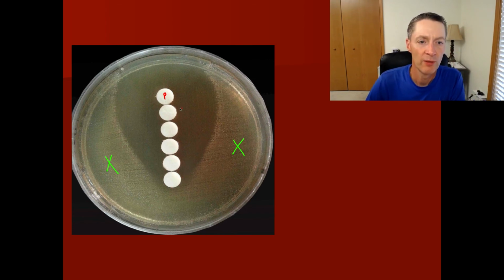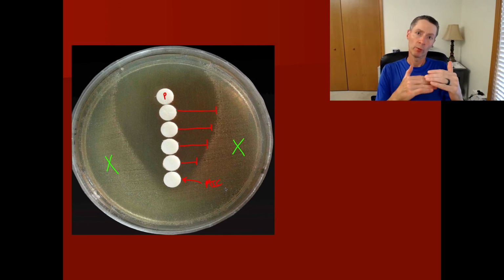And you see that there's a smaller zone, right? A smaller radius to the circle as we move down, okay? This looks pretty close, whatever that concentration is, to our MIC, the minimum inhibitory concentration, where I don't see anything there with the naked eye. If I went lower with the concentrations on these discs, I wouldn't expect to see a zone, right?